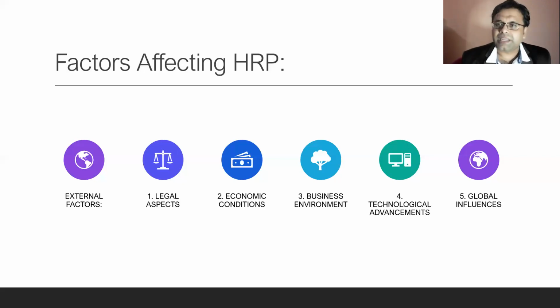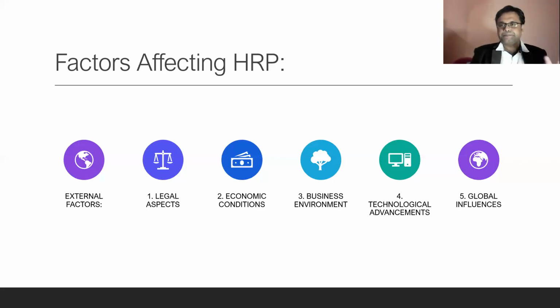Next one is global influence. That is very important. The global pressure is there. Probably you are aware of the present situation, the global conflict with China and other companies. Of course that is going to affect their manpower planning. Suddenly there is a ban on TikTok in India. Even the US government has told the TikTok company that within the next 45 days, either you have to shut down your company or sell it to Microsoft.